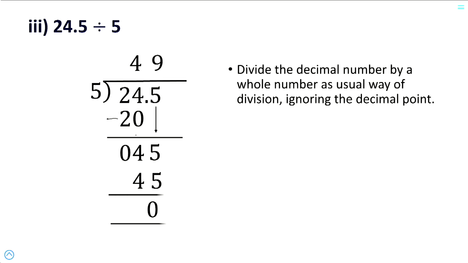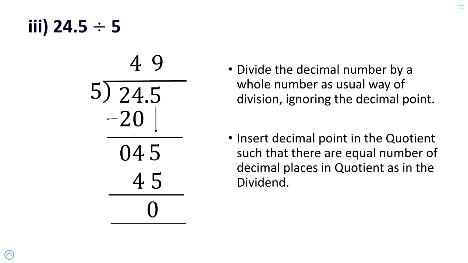So, the remainder is 0. In the dividend part, there is only one digit after the decimal point. Therefore, place the point after one digit from the right in the quotient. The answer is 4.9.